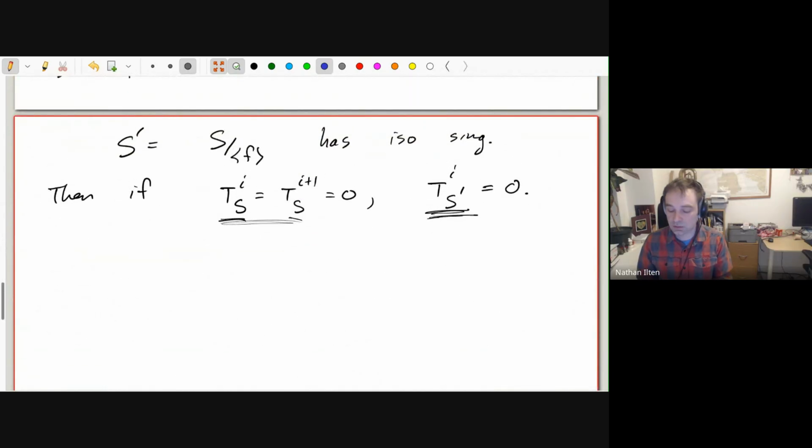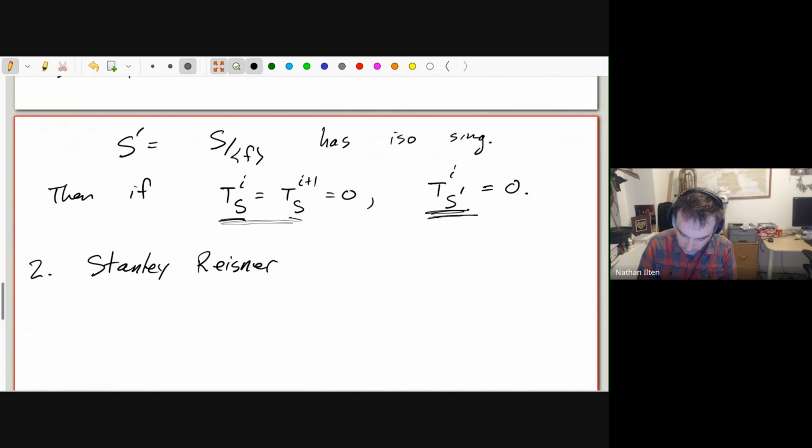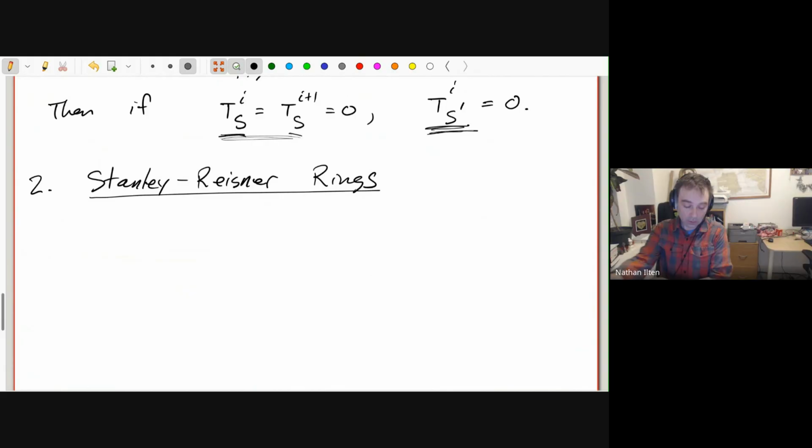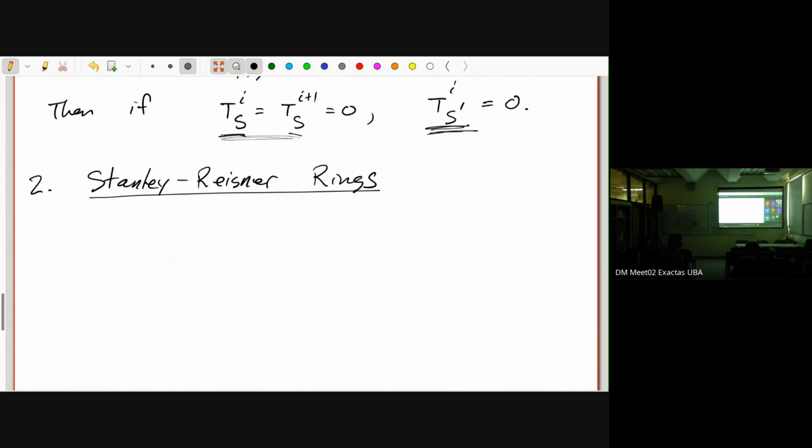Okay, so let's switch gears and start talking about Stanley-Reisner rings. So if I lost you in the first part, you can start listening again, because this is now going to be something completely different. Okay, and so let me start by reminding you what a simplicial complex is.